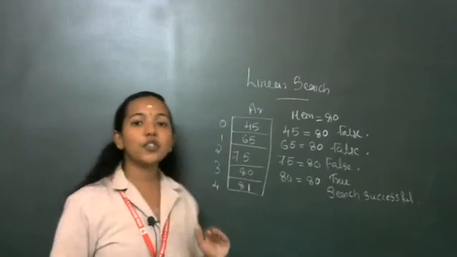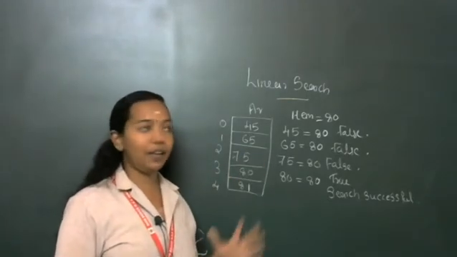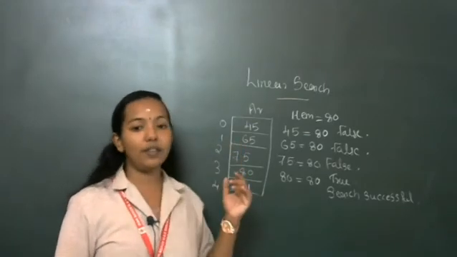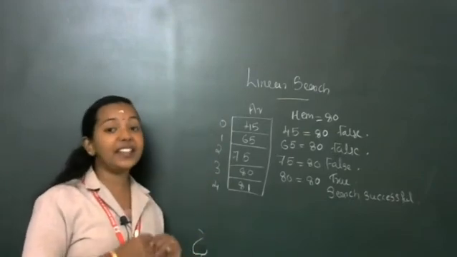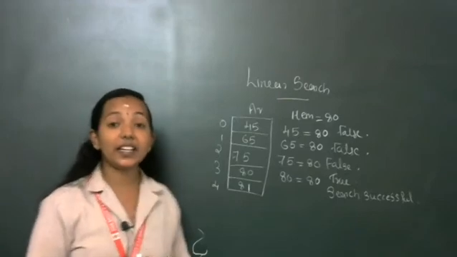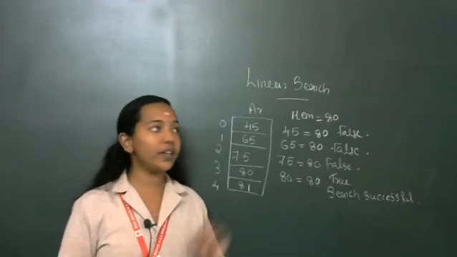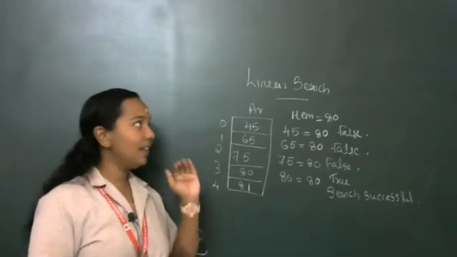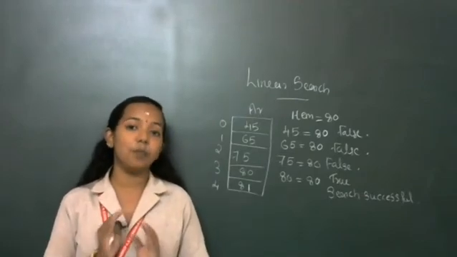We are searching for a particular item from a group of elements, but we do not start from the last element. Linear search always starts from the first element until it finds the item. Sequential search means it follows a sequence. Linear search is suitable when the array is small.